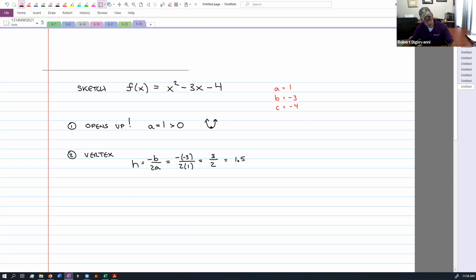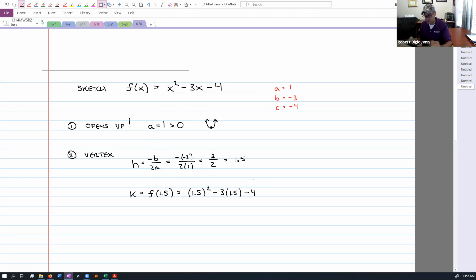Now, to find k, what I need to do is take that answer and plug it into the function. So that means I need to replace all my x's here with 1.5. So 1.5, I need to square that, minus 3 times 1.5 minus 4. So again, I'm going to need my calculator to do this. I'm going to take my 1.5 and square it.